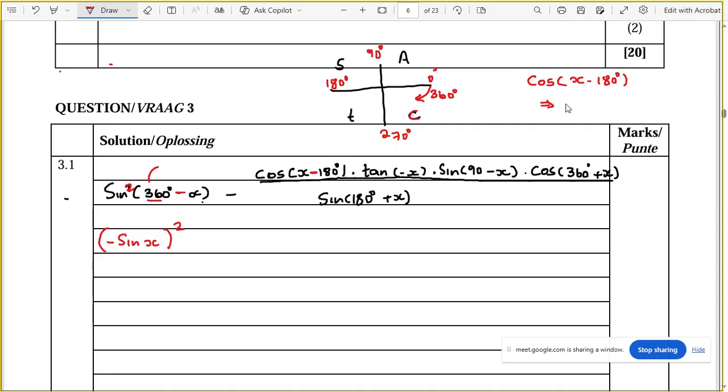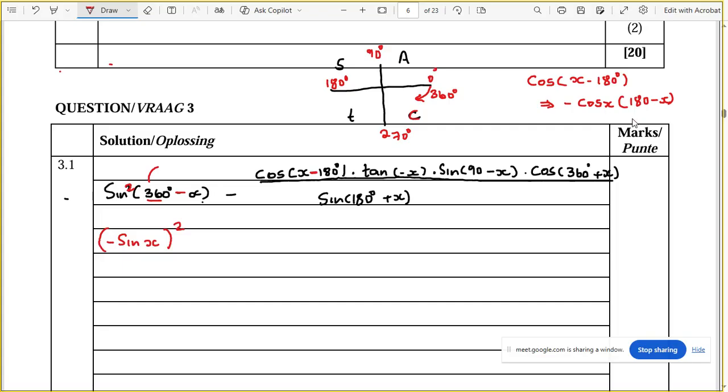I can definitely take the negative out as a common factor, and this will leave me with what? 180 minus x. I'm not sure if you guys understand taking the common factor out. I'm not sure if you guys are happy with that. Do you understand how this works?